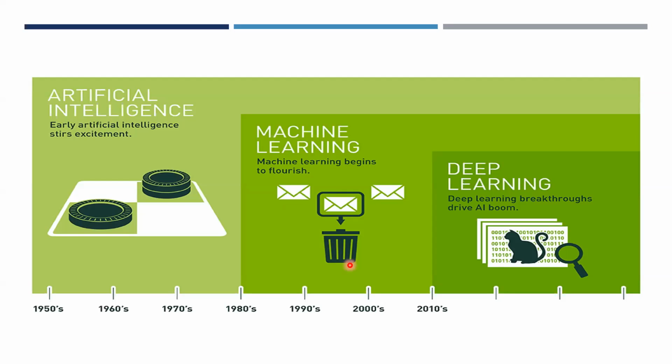But it was in early 2010, 2012, that a breakthrough took place. In 2012, Alex Krizhevsky, a PhD student of Geoffrey Hinton, the famous artificial intelligence and neural network expert, took part in the ImageNet challenge, and he developed a neural network.